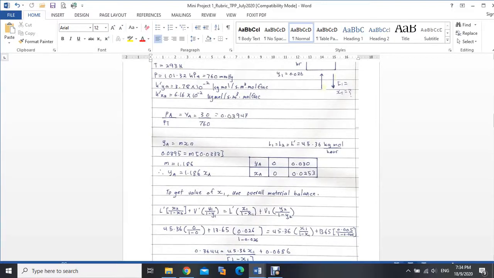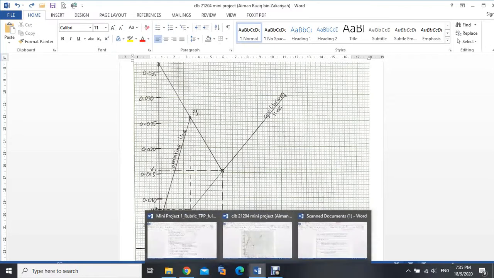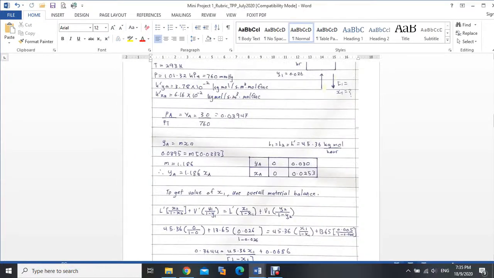The question gives the equilibrium gradient, so that value is used to find the equilibrium line, which is this equilibrium line. We need to find this. Take any value in the graph and substitute it in the equation. I take a value in the graph, which is 0.0333, and substitute it in this equation, y equal to mx.